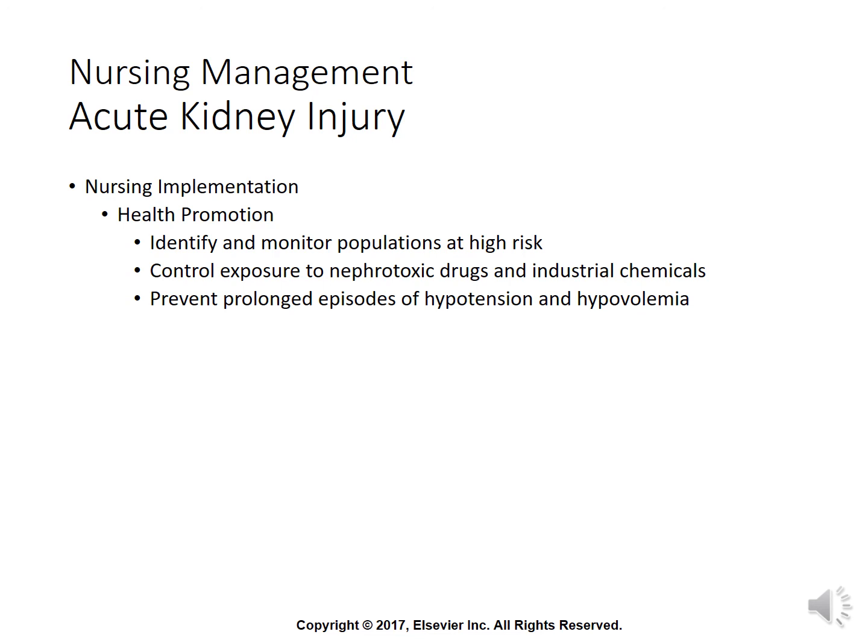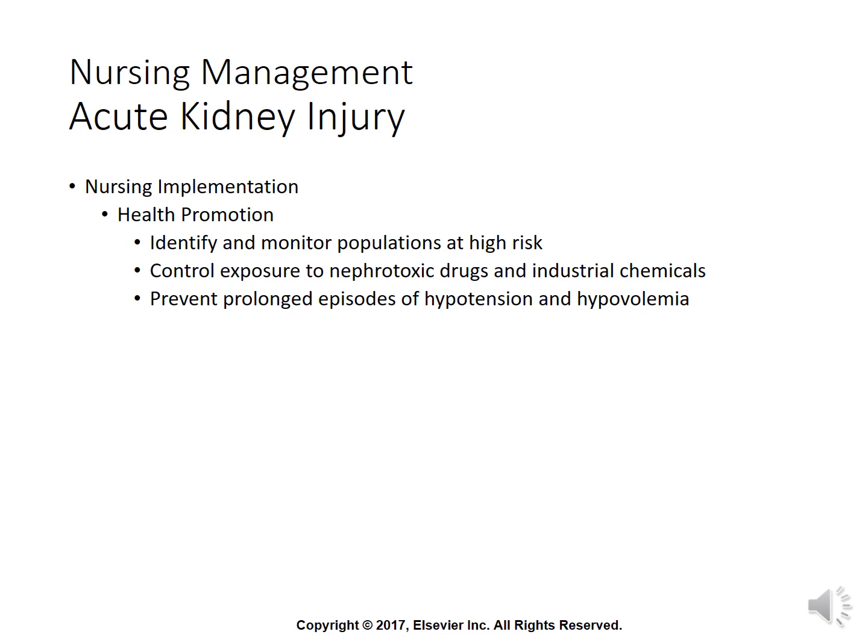Also, hypotension. I want to just talk about that for a minute. Anytime your patient is hypotensive, so systolic less than 90, that's going to impact perfusion to the kidneys. And if that's sustained, so a half a shift, a full shift, a couple shifts, just a client being hypotensive, they could develop acute kidney injury.